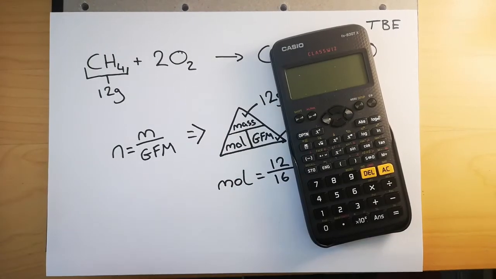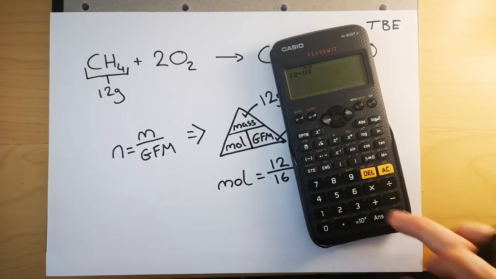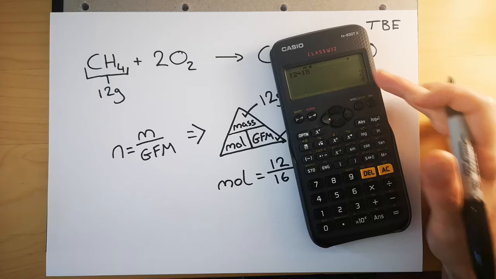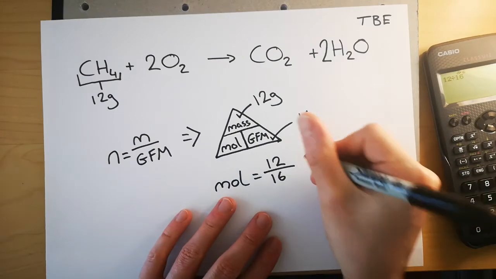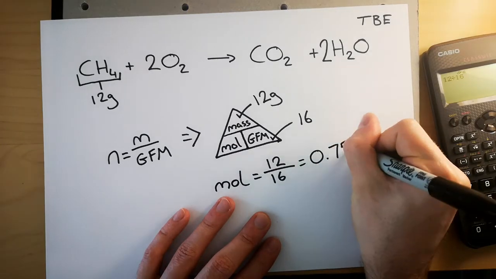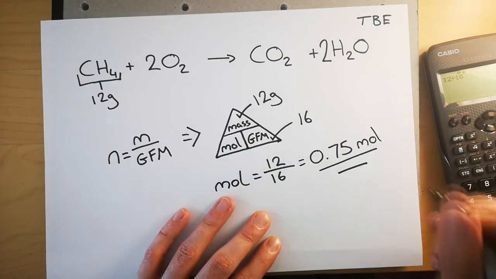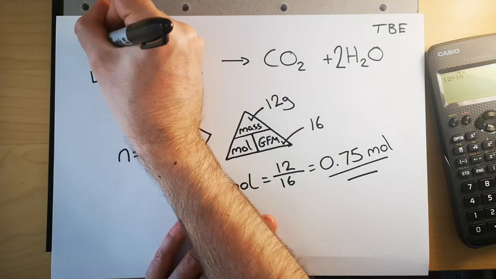They are worth the investment. So we've got 12 divided by 16, which is 3/4. I don't want it in fractions, I want it in decimals, so that equals 0.75 mole. That's how many moles of methane I've got, and I'll write that up here.